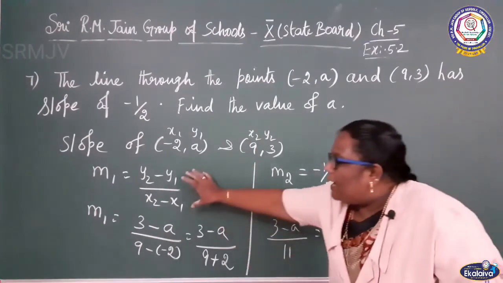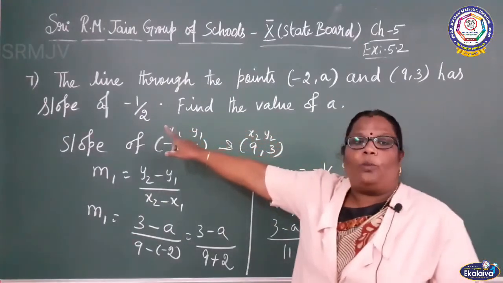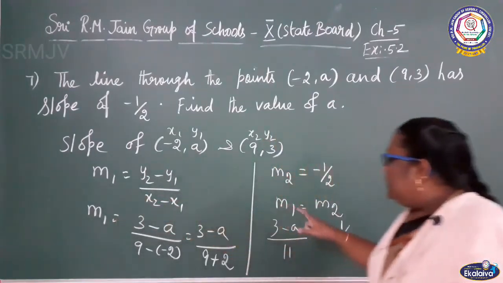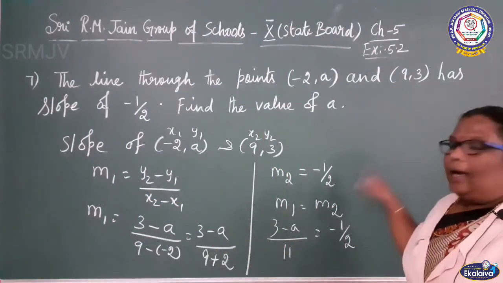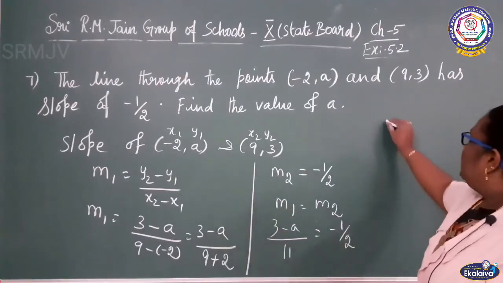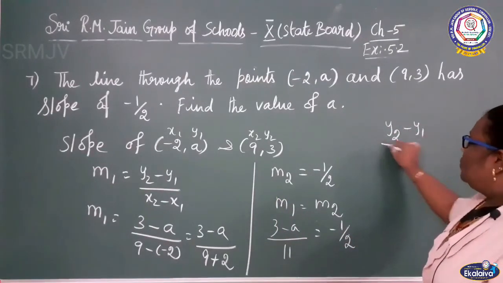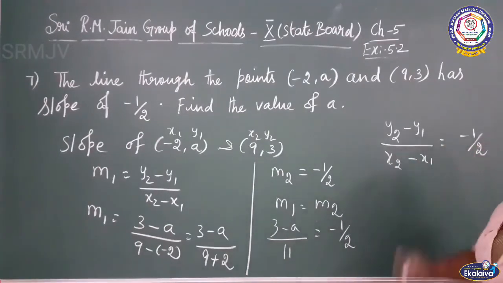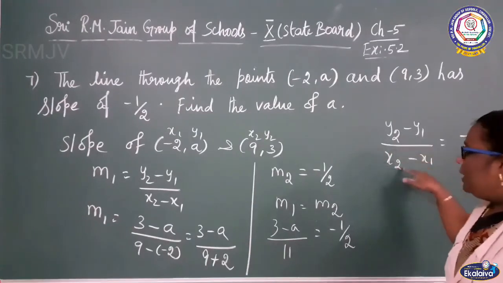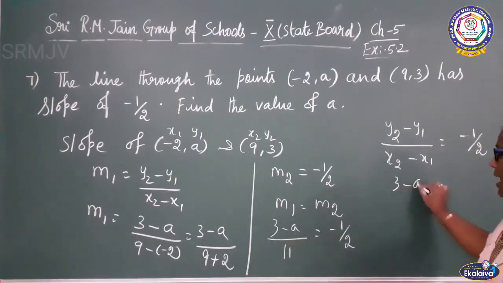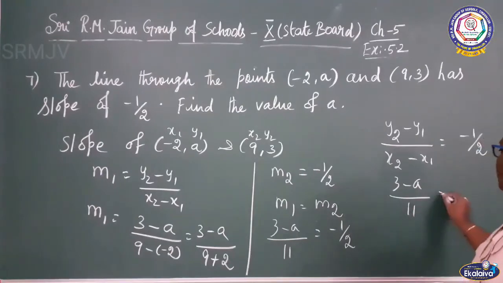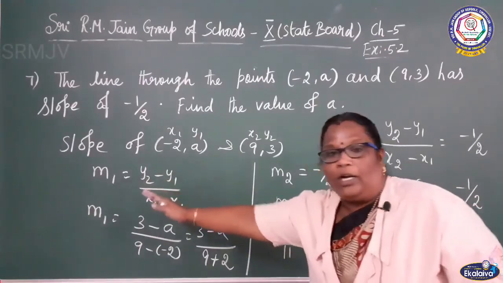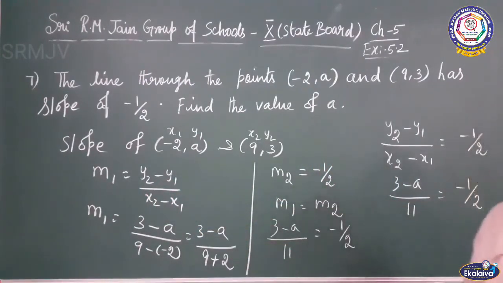They have given the slope value as minus 1 by 2, so I take this value as m1 and the other as m2. Because y2 minus y1 by x2 minus x1, the slope, equals minus 1 by 2. So 3 minus a by 11 equals minus 1 by 2.